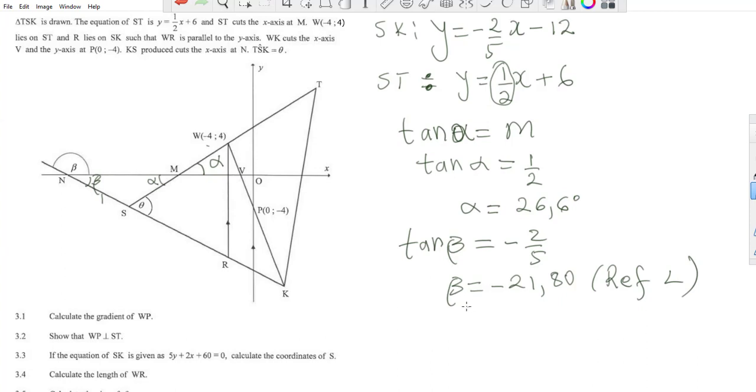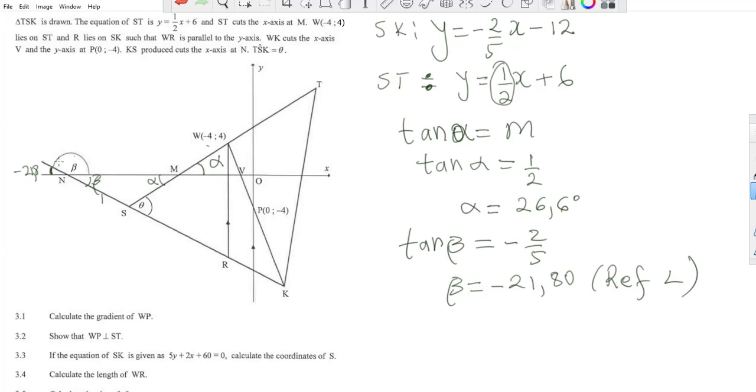So the angle beta will be this. What is the meaning of a negative here? Negative is this angle beta 1 going to the opposite side. Can you see? So if this angle is minus because we're going this way, this is the opposite side of -21.8.